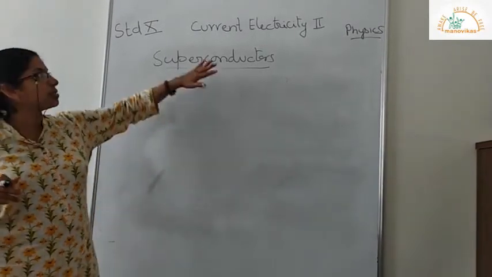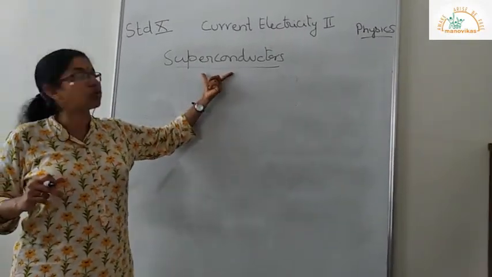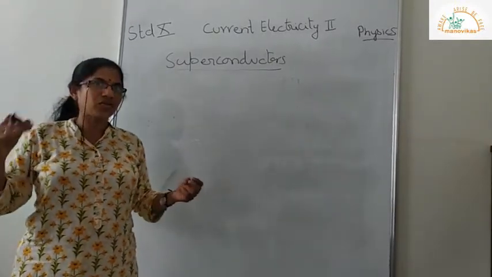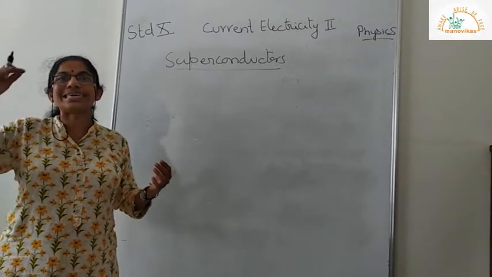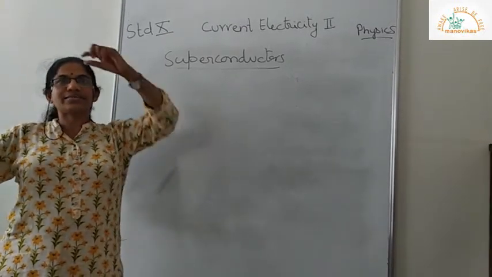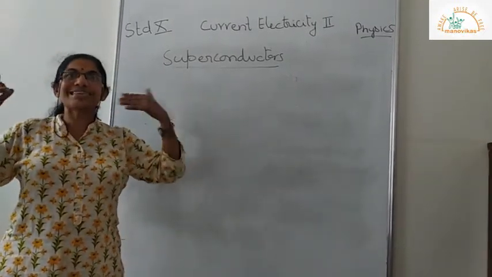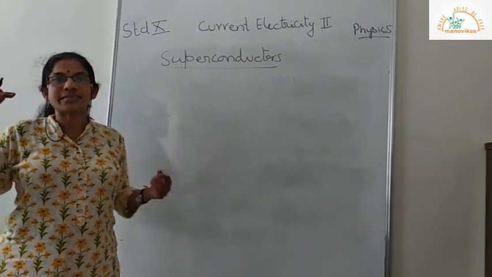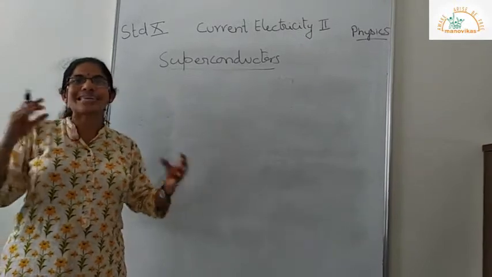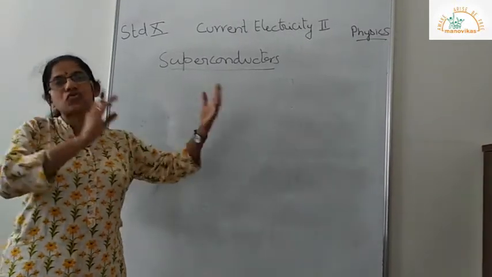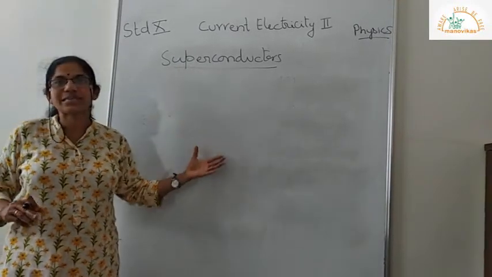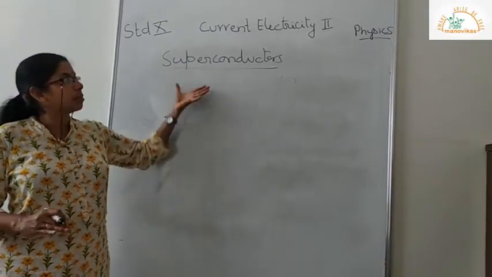In the future, if this concept of superconductors is successful, then the heating effect, especially in transmission lines, can be minimized, and without any wastage of power, a large amount of current can be transferred from one place to another. So with this I am finishing this part.